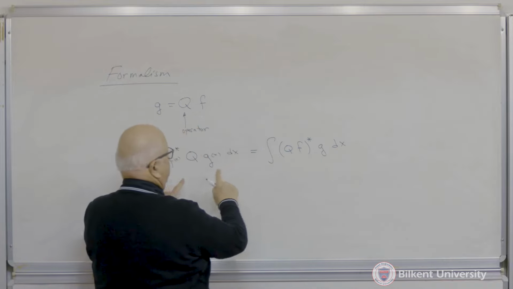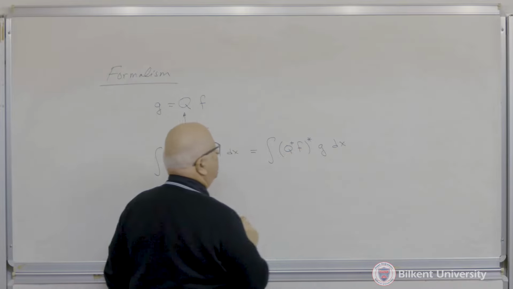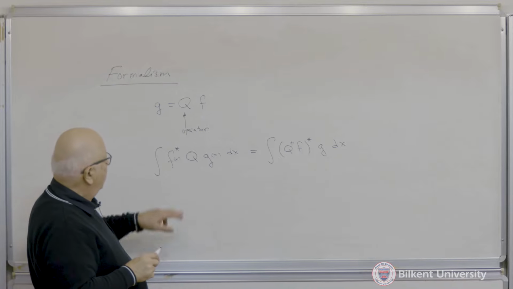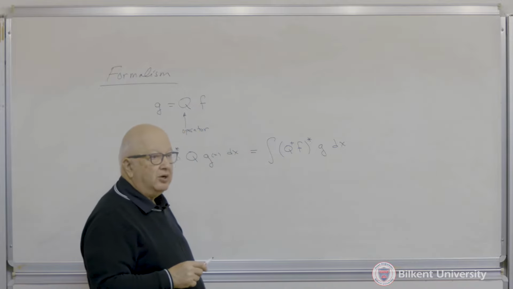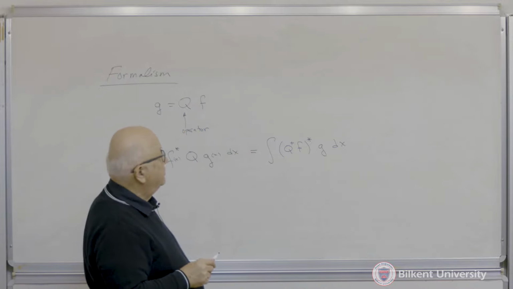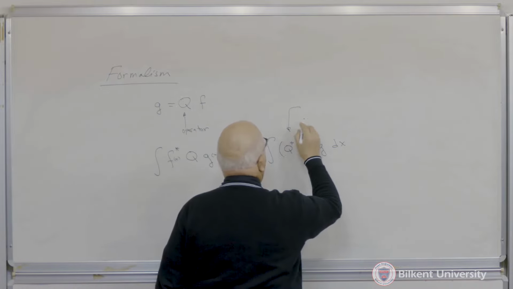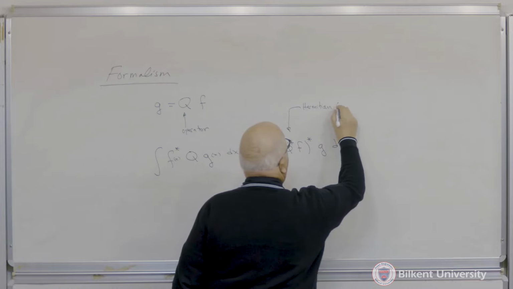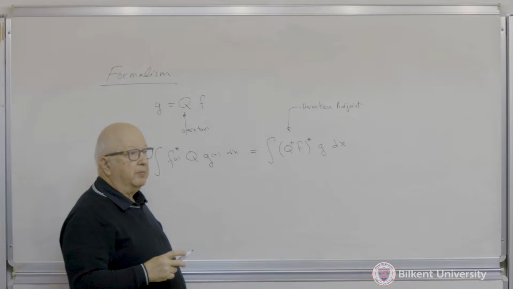This is not always true. Not all operators will do it, but we define a Q dagger operator which satisfies this equality. So for every operator Q, we try to find a Q dagger operator, which is going to be the Hermitian adjoint of the operator Q.